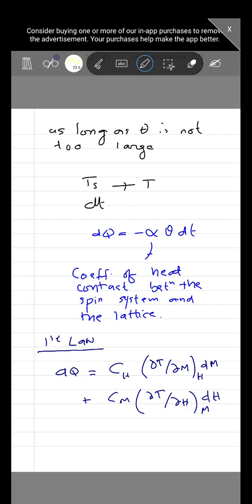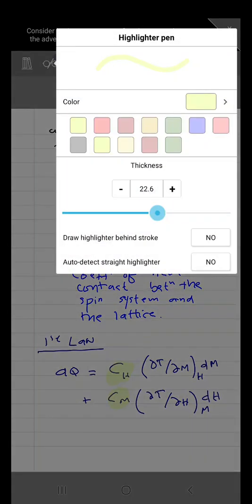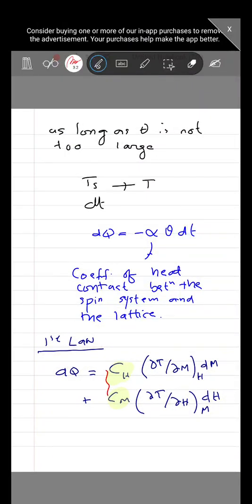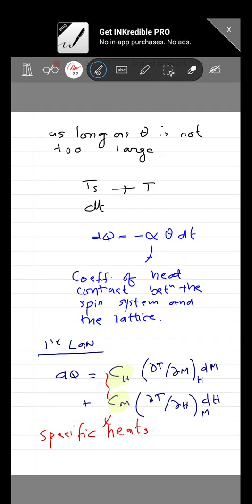So these two quantities, CH and CM, are specific heats at constant magnetic field and magnetization, at constant H and M respectively.